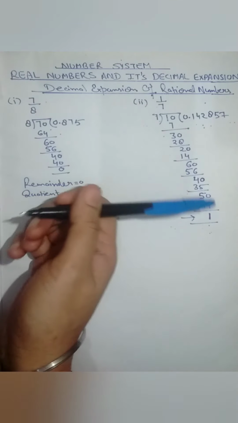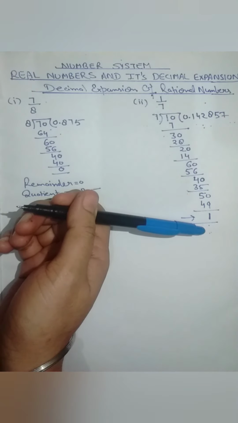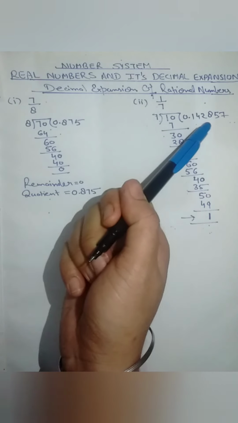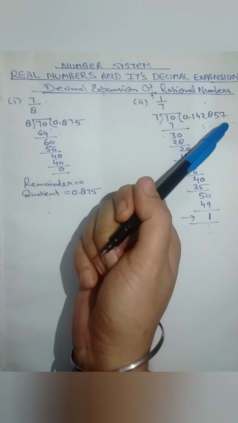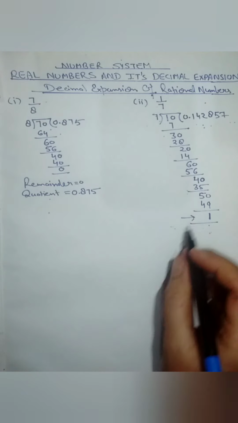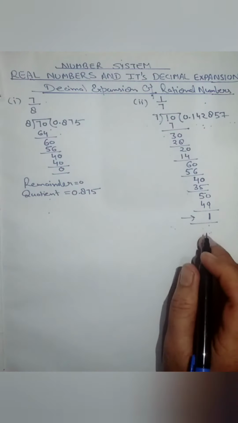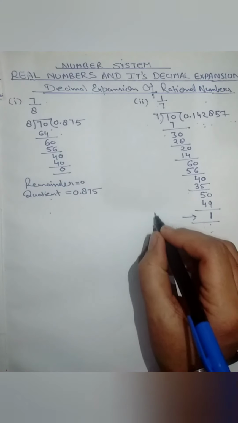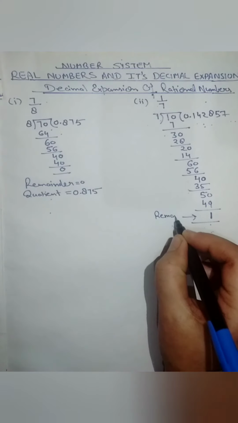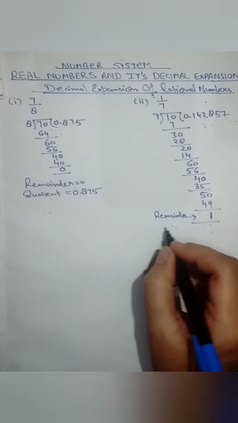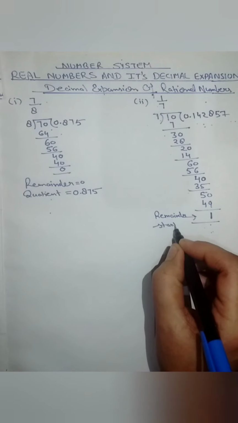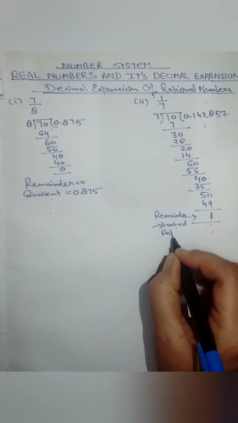So if we proceed the division, repetition of digits will start. It means in this case the remainder started repeating.